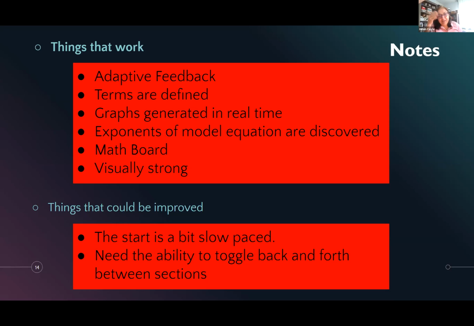If I ever had the opportunity to trim it, I would trim the beginning a little bit. And I would like to be able to toggle back and forth. For example, if you were at the math board but wanted to go back and look at the curve, you don't have that ability. I think it would be useful for a student to be able to go backwards and forward, like reading a book, where you scroll forward and backward in the pages. That's the one thing I would have liked to see.